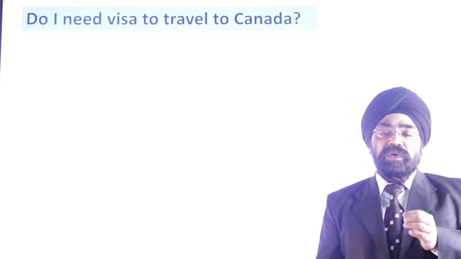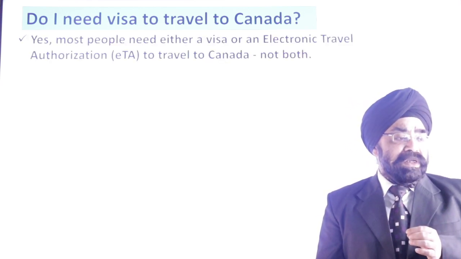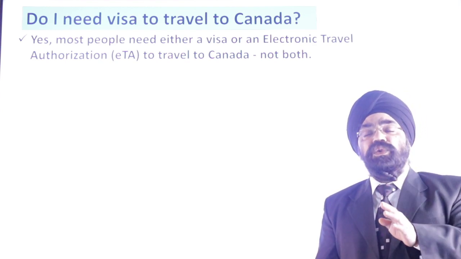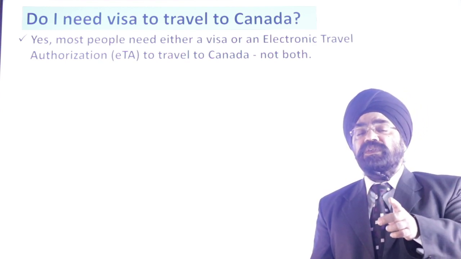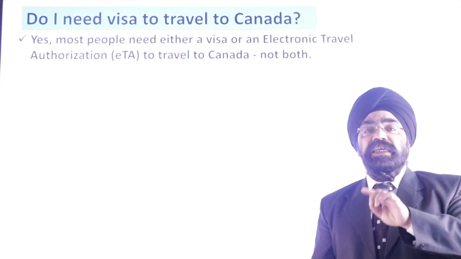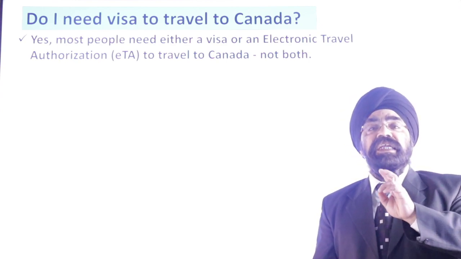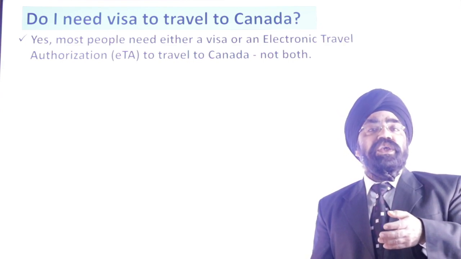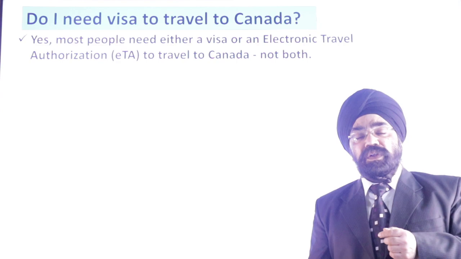ETA is electronic travel authorization to travel to Canada. It is not both, it is either or. Either you need a visitor visa or you need an ETA, but you do not need both. And in some cases you may not need either of them.